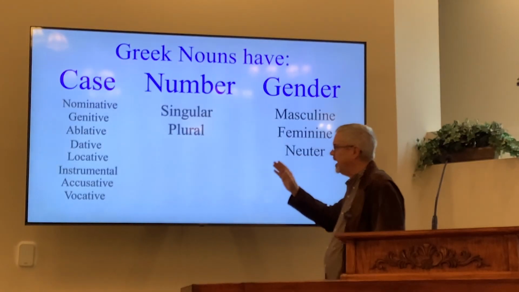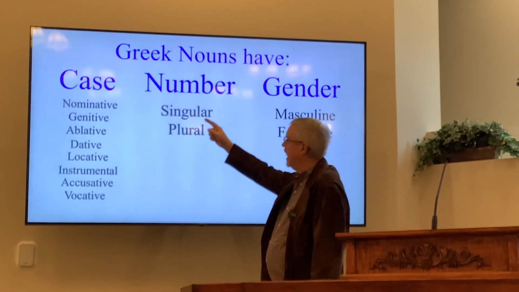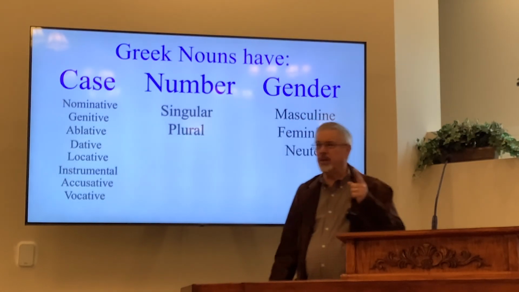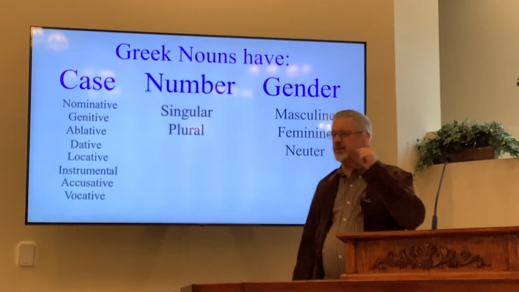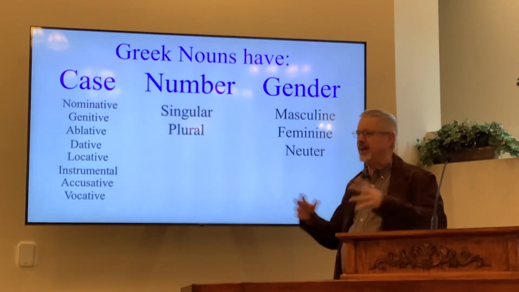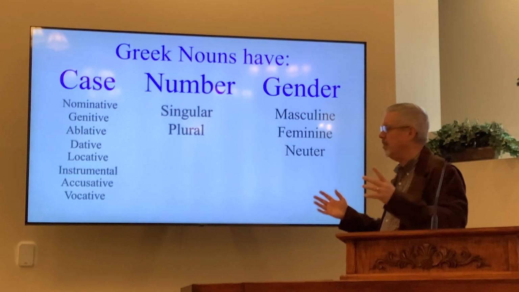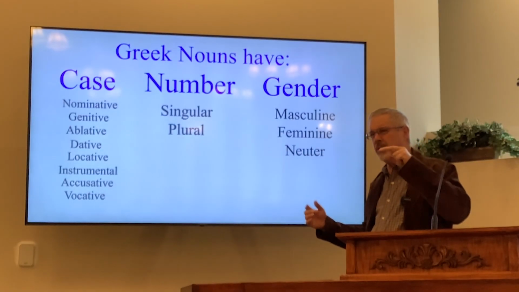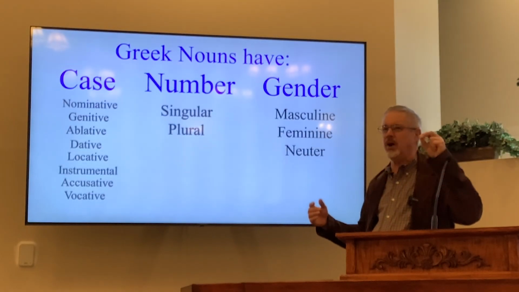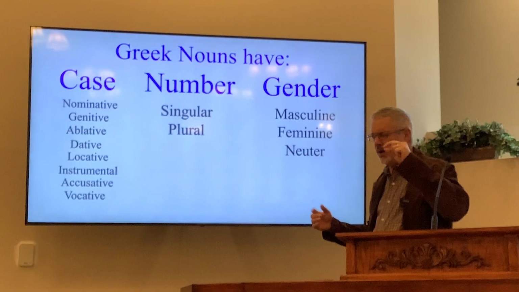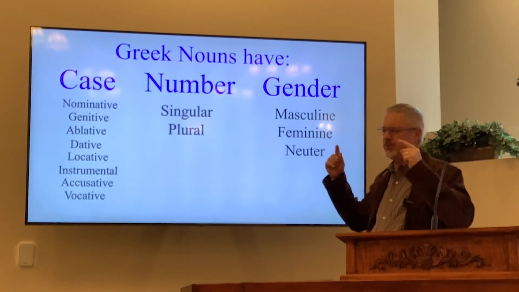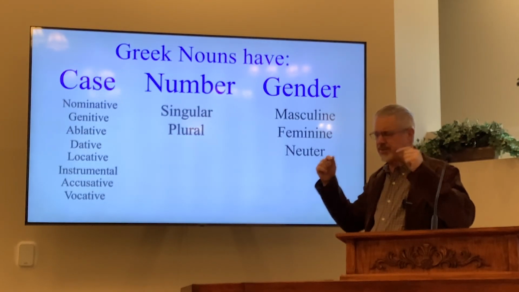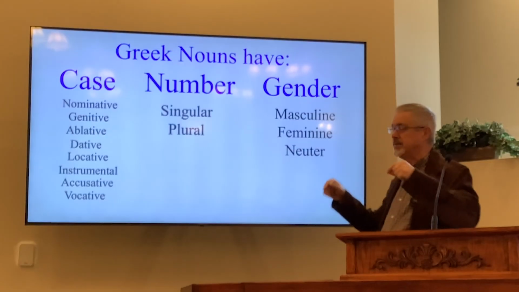In the cases, we are doing only one. This is called the declension. It's a kind of big word, but we're doing the second declension only. We're doing masculine nouns only and singular nouns only, and that's it.